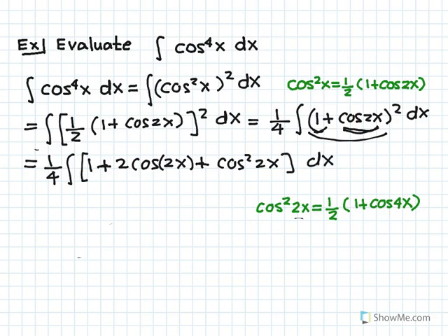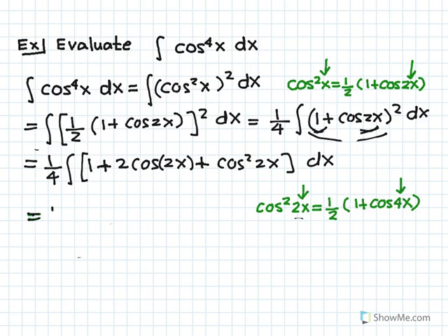Now you can see we have another cosine squared, so we have to reapply the half-angle identity. But notice that there is a 2-to-1 relationship. When this is x, here we have 2x. That means when we have cosine squared 2x, we're going to have 4x here. So let's rewrite the integrand.